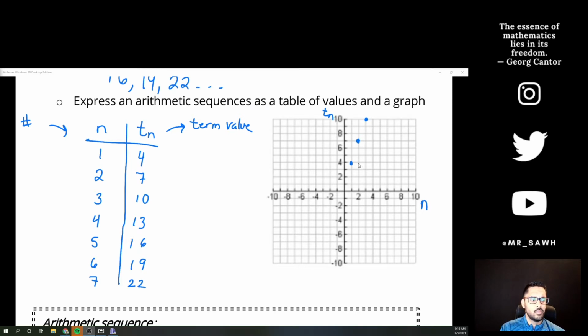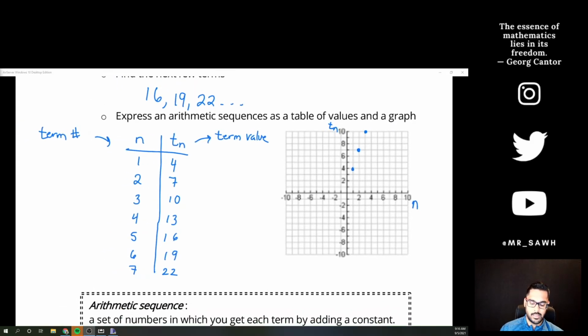But think about why I may not want to draw that line. We'll talk about it in a couple minutes here, but think about what it might mean to connect them. Think about what it might mean if that line went into the negative parts of your graph. What does that mean? So I'm going to leave just these 3 dots the way that they are, and I'm going to choose not to connect that line. Keep that in your mind, think about it, and we'll talk about it as we get into some of the things here.